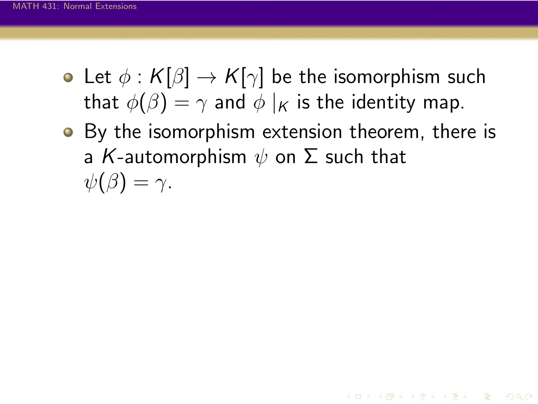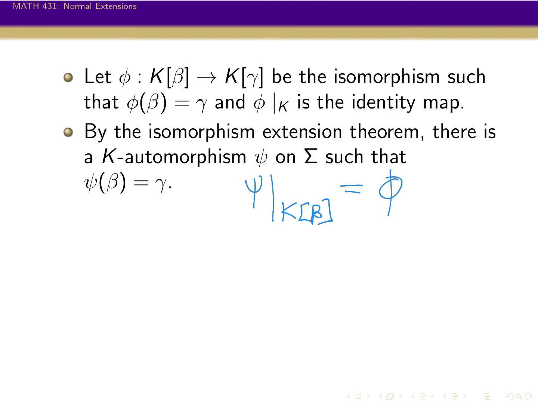Now we will apply the isomorphism extension theorem, and that is going to lift our isomorphism phi to an isomorphism psi from the splitting field sigma to itself. And so really it's going to be an automorphism on sigma. And psi here, by the isomorphism extension theorem, if we restrict psi to k adjoin beta, then we get phi.